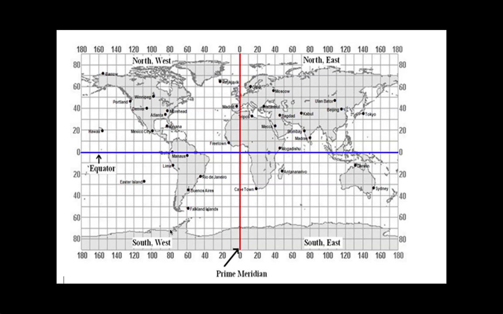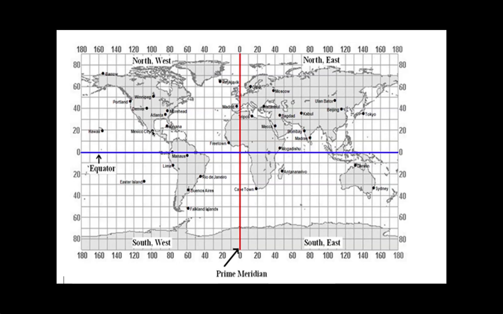Let's look at 2A, which is Mexico City, Mexico. So find Mexico City on your map. Here's Mexico City. We're going to get our latitude first. We know it's going to be north because we're above the equator. So here is 10 degrees north latitude, and we're right below the 20.